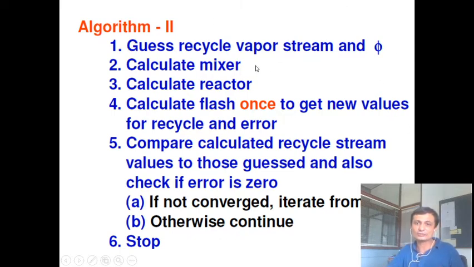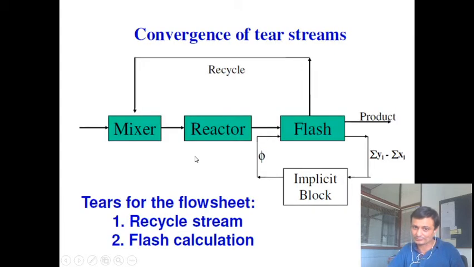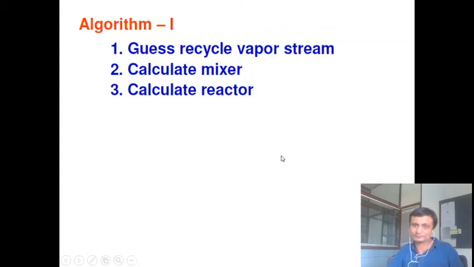Now the algorithm here will converge when your recycle vapor stream is the same, because this will only converge if phi is converged. So the number of inner loop iterations will be much lesser compared to the previous case, and hence this algorithm to solve this particular flow sheet will be more efficient.